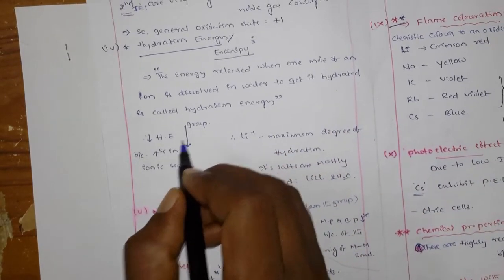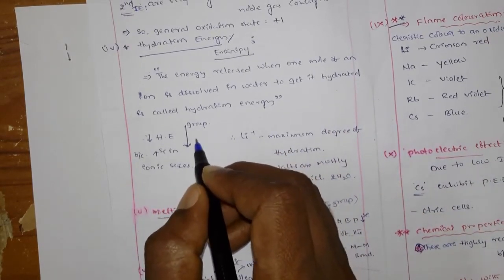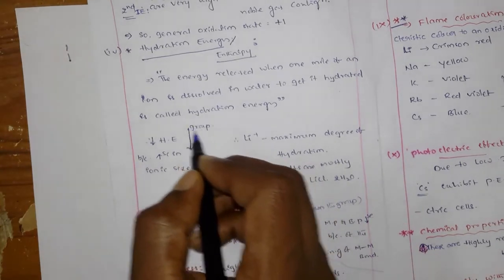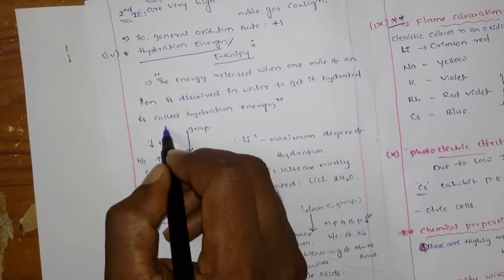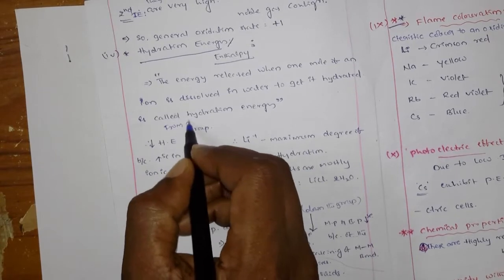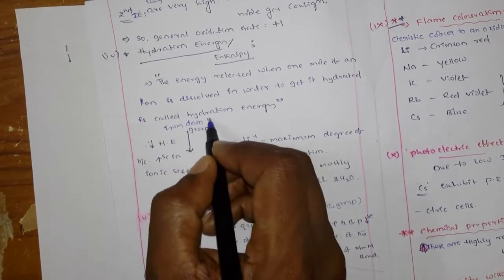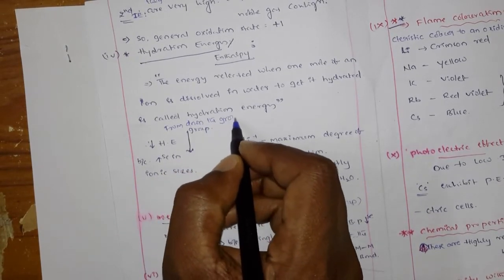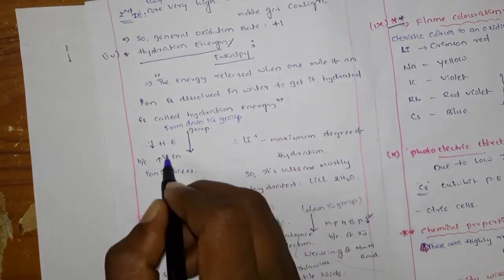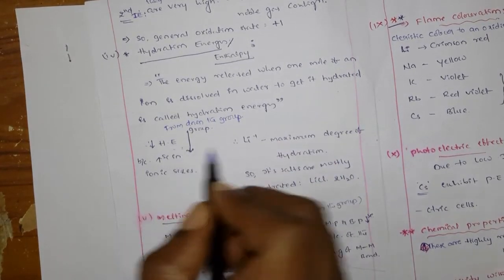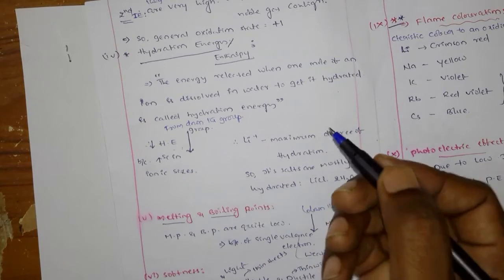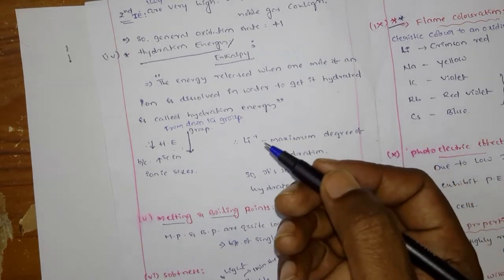Generally, in the first group of elements, down the group, the hydration enthalpy decreases because of the increase in the ionic sizes.